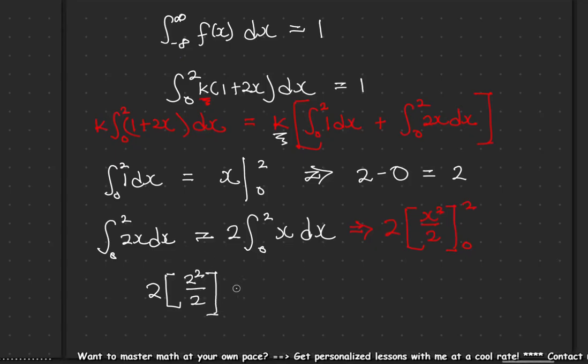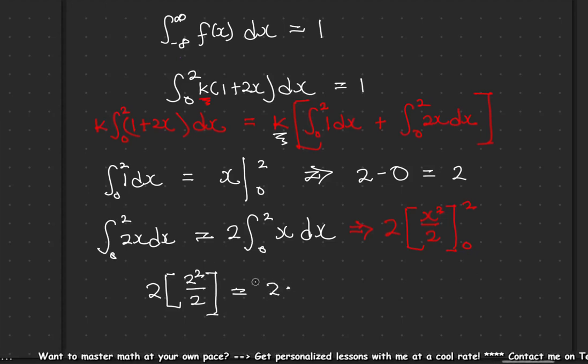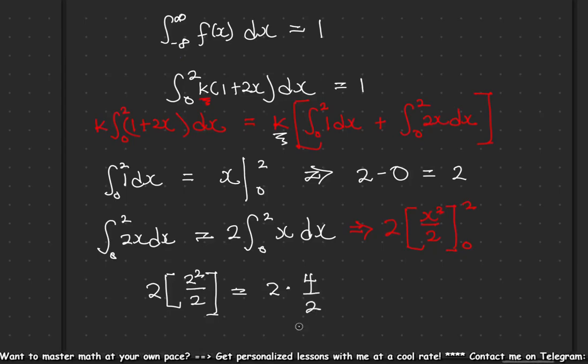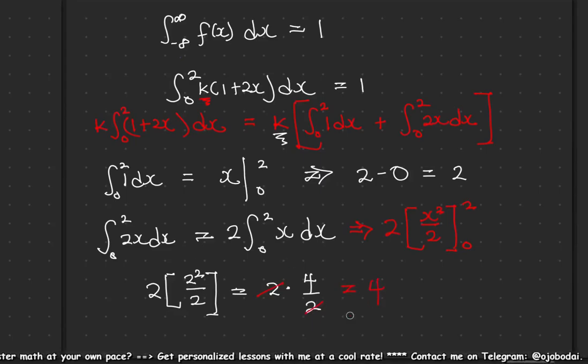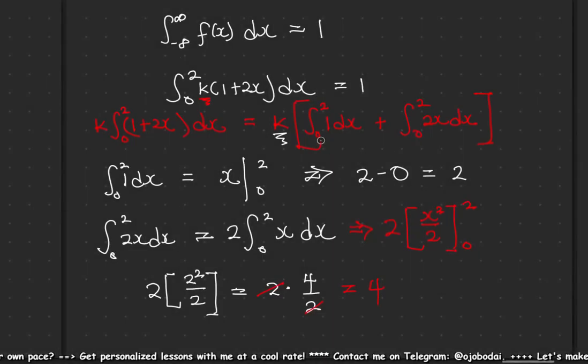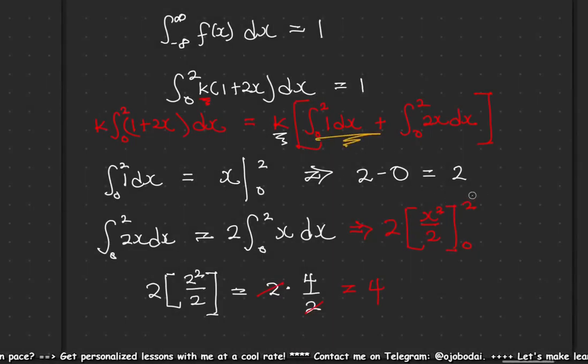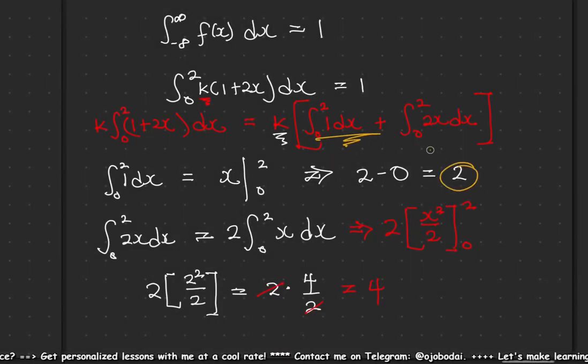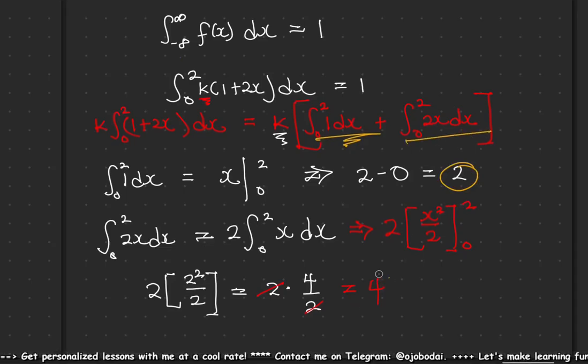And that gives us 2 times 2 squared, which is 4, then 4 over 2. We can simply cancel these 2's out, and then we are left with 4. So for this integration we had over here, that is this one, we had a value of 2, and then this also gave us a value of 4.